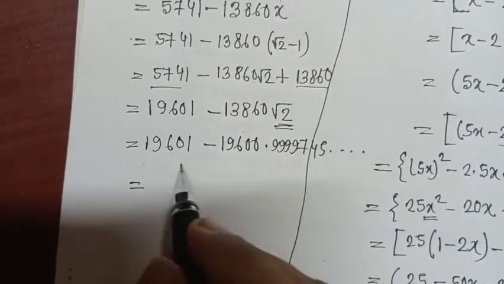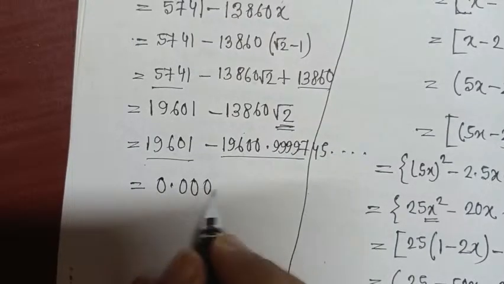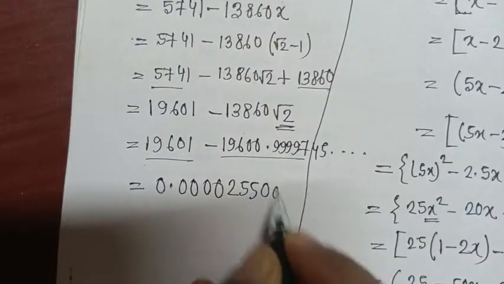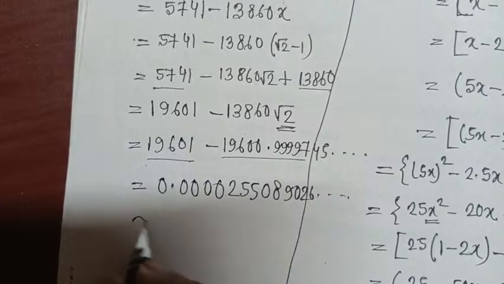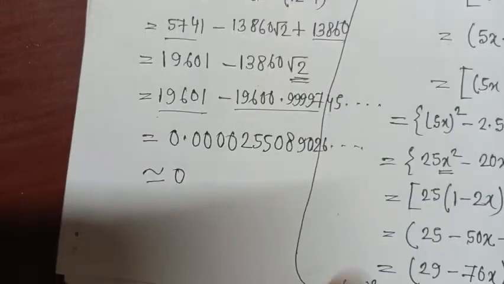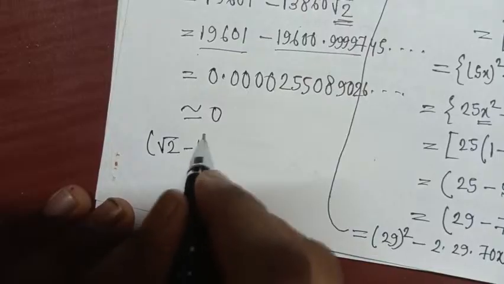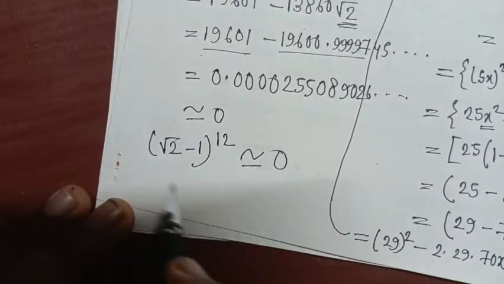If we subtract this value from this value, we get 0.00025508926, nearly about 0. So if we simplify that value, root 2 minus 1 to the power 2 is nearly about 0.